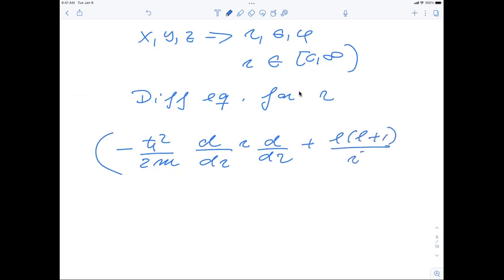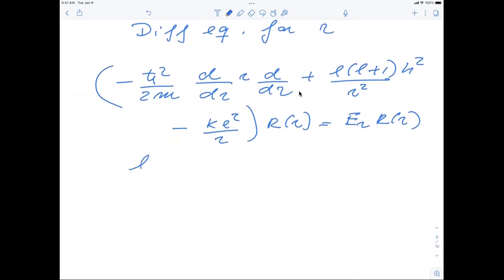And we are just going to look at an orbital momentum equal to 0. And this goes up minus, and then we have k times the charge divided by r. And this is multiplied with the radial wave function. And this is given by the radial eigenvalue of r as a function of little r.